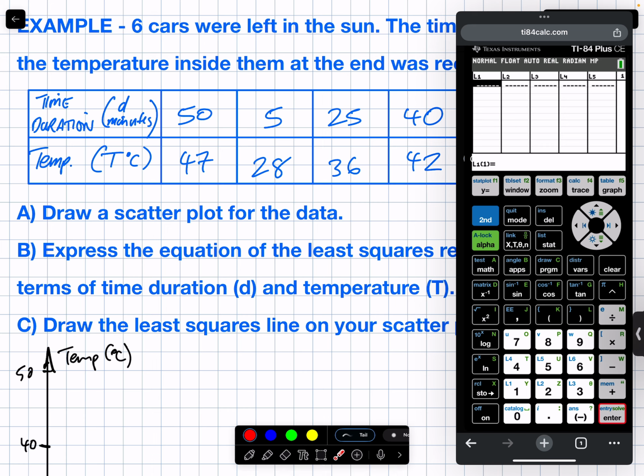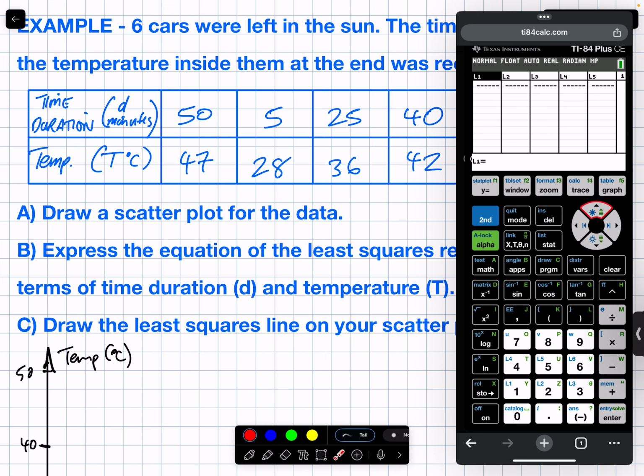There's numbers there. Okay, if you've got numbers there, can you scroll up to L1, like the title of the table, and press clear? There's a clear button there. And then at the bottom, it should be saying L1, and then it's waiting for you. Just press enter, and it'll clear the whole list. Can you do the same for L2? Done that? So L1 and L2 are clear.